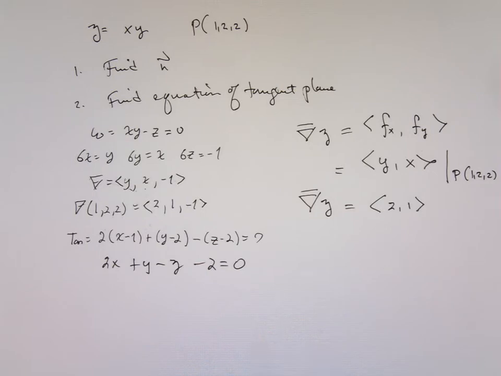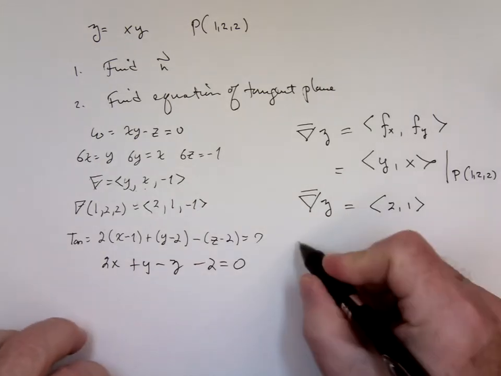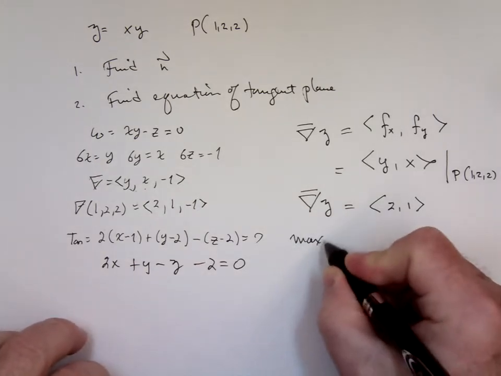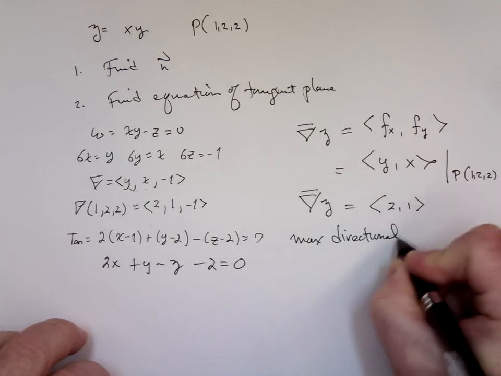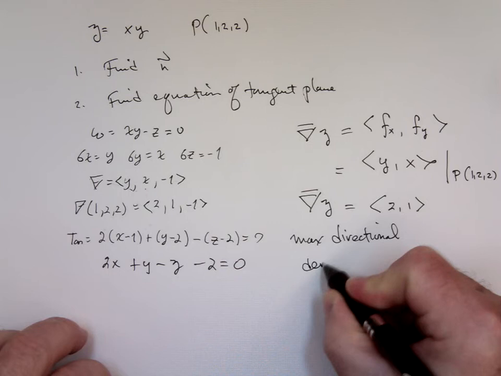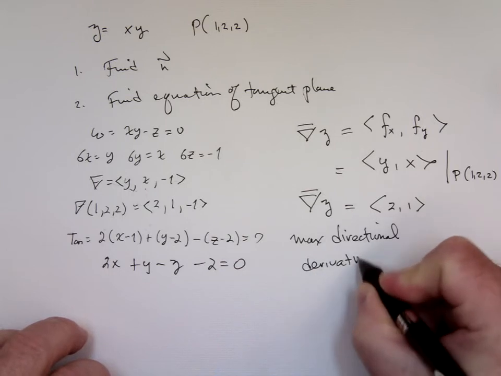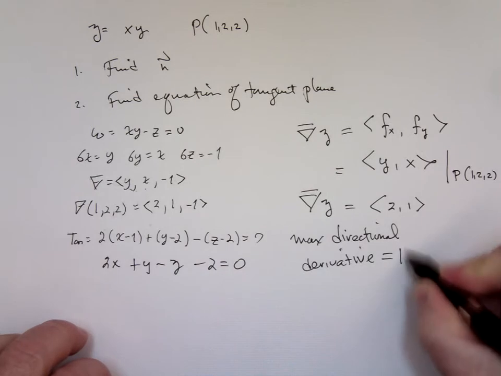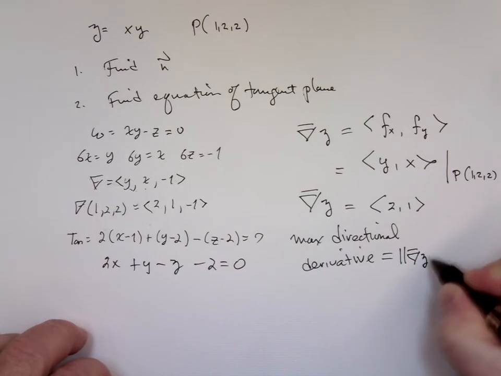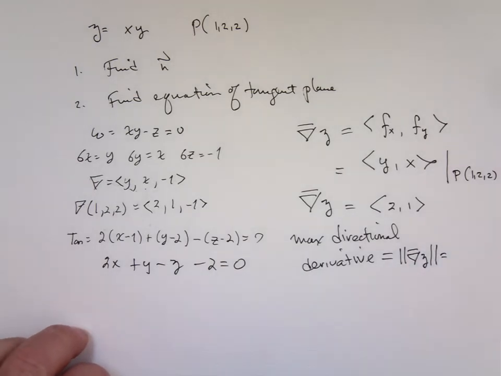Now, what is that maximum directional derivative? It's exactly the magnitude of the gradient, which is equal to the square root of 5.